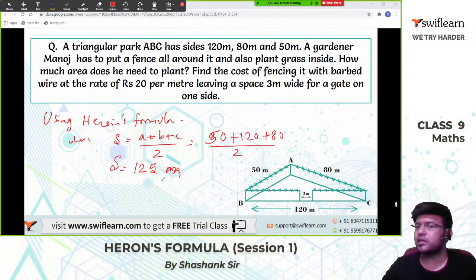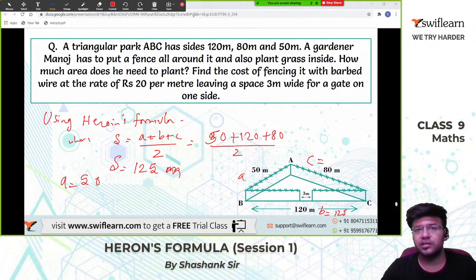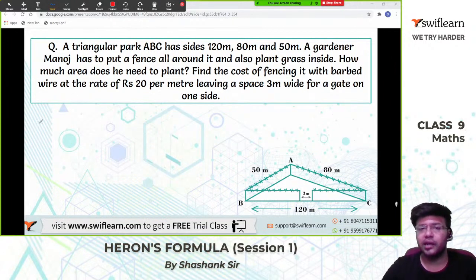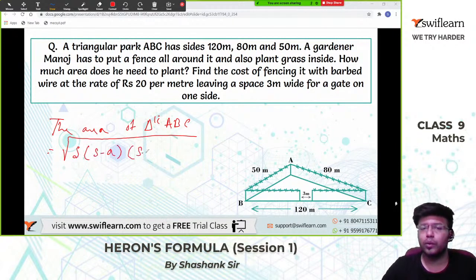Now this is s. How much is a? Let us take this as a, which is 50. Let us take this as b, which is 125. And let us take this as c, which is 80. So, using Heron's formula, where s is this, the area of triangle ABC is given by the square root of s into s minus a into s minus b into s minus c.